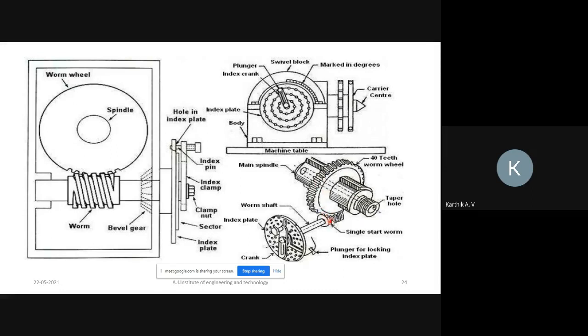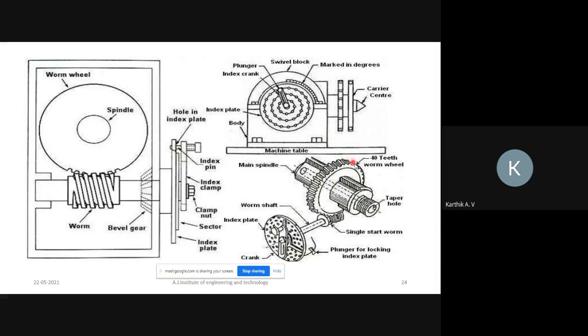And also this is the worm wheel. The worm wheel's function is as a speed reduction gear. Consider this spur gear has 40 teeth.